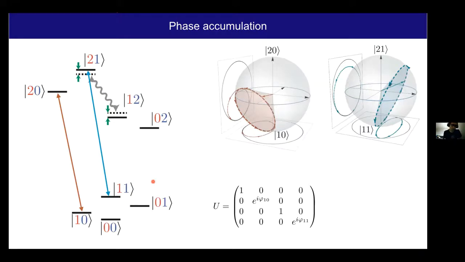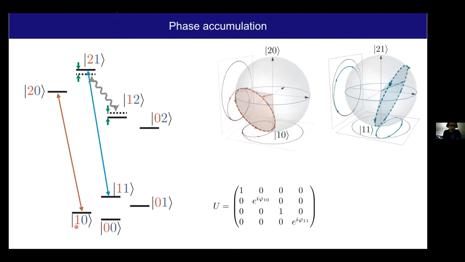So first of all, we drive at a frequency in between these 2 transitions, between the transition 1020 and 1121, so as to synchronize the 2 transitions. So that at the end of the gate, the population comes back to the computational subspace.